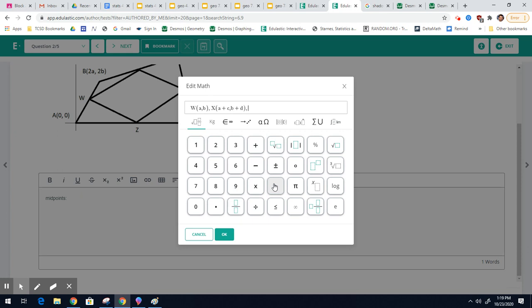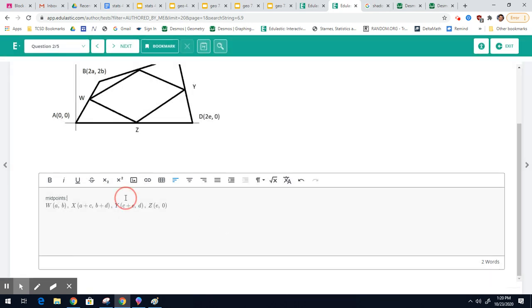I found that Y was c plus e and d. And then I found that Z was e comma 0. Okay, there we go. So there's my midpoints.